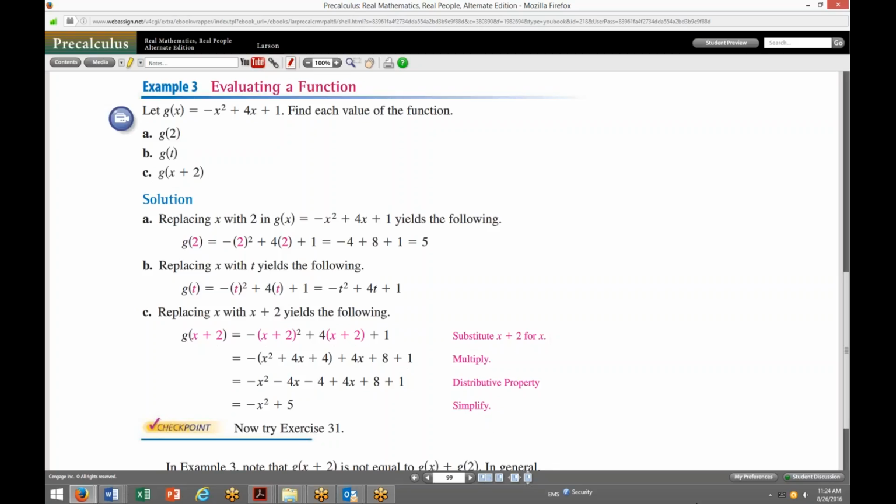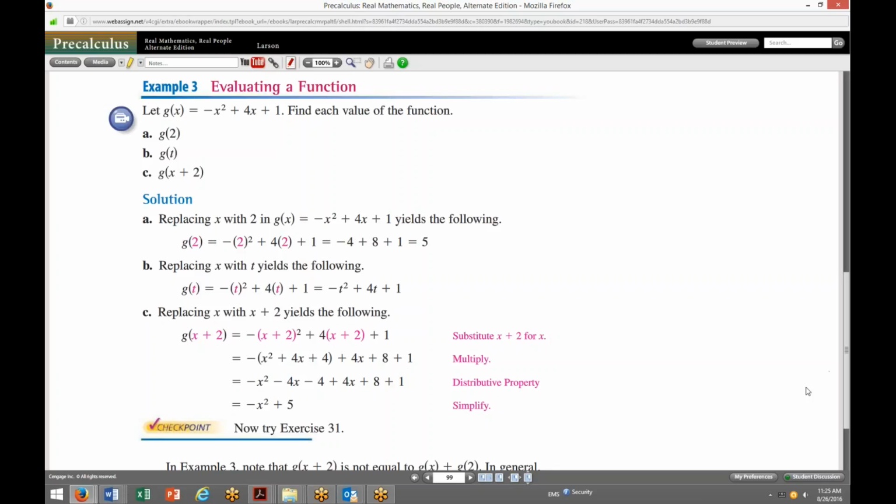So if the input value variable x for this g function is 2, then everywhere there's an x in the expression of the function, we substitute in, we plug in a 2 for every single x.